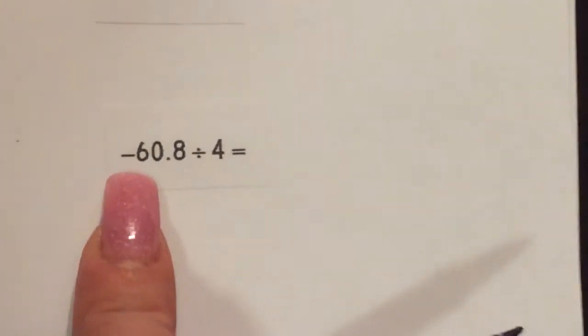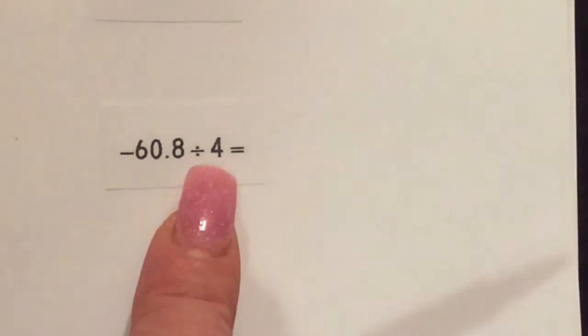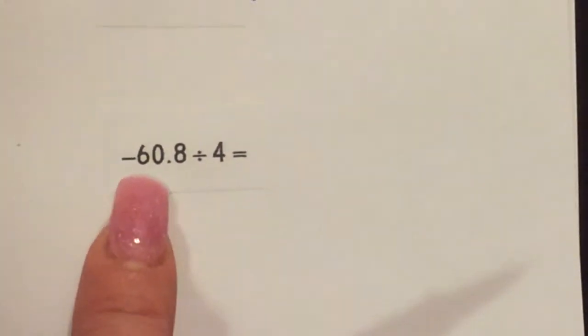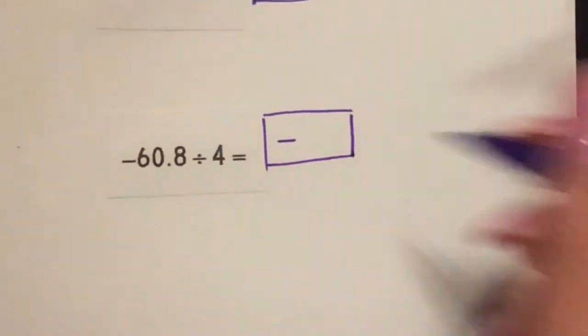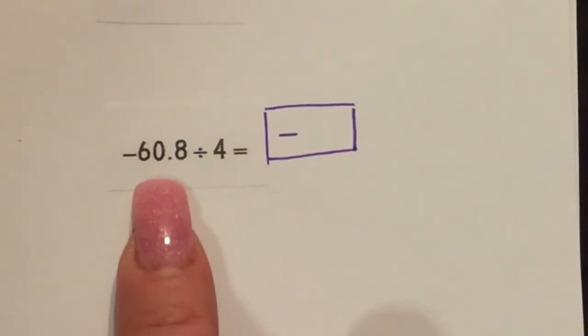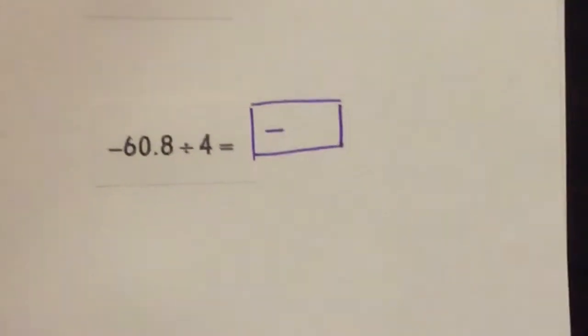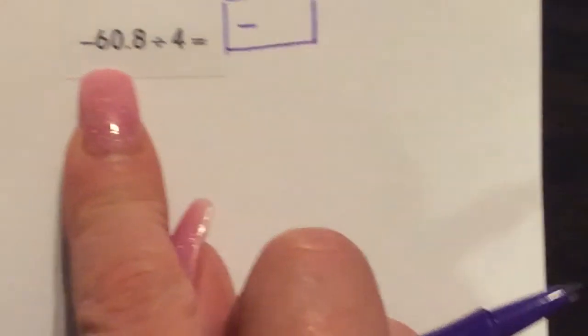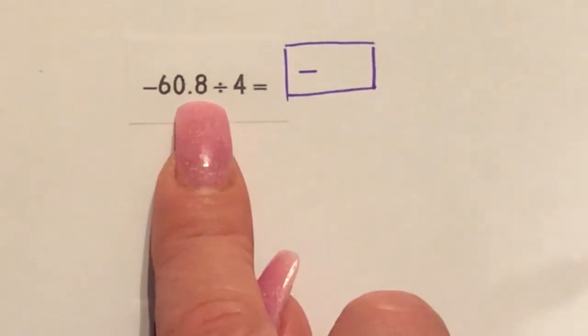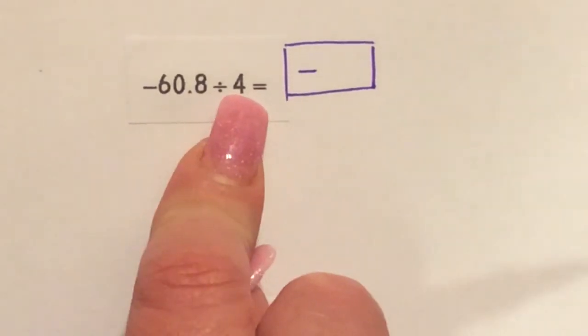Here we're dividing negative 60.8 by 4. So different signs, negative. So we lock in that the answer is going to be negative, and then we divide 60.8, and this is how we solve a division. This is how we write it. We read negative 60.8 divided by 4.